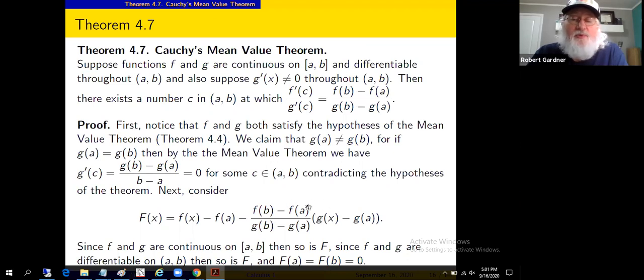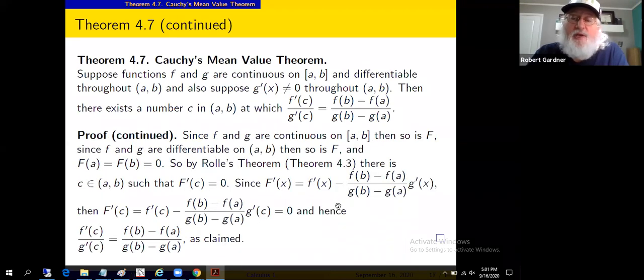Were I to distribute this and get this thing times g of A, that'd be some constant, so that's differentiated away. We'll be left with little f prime of x minus this thing times g prime of x. The other stuff is constants and gets differentiated away. As I said, we get f prime of x minus this stuff times g prime of x.